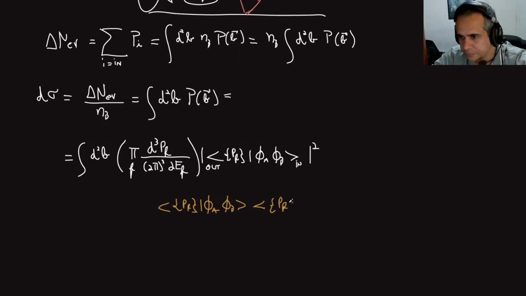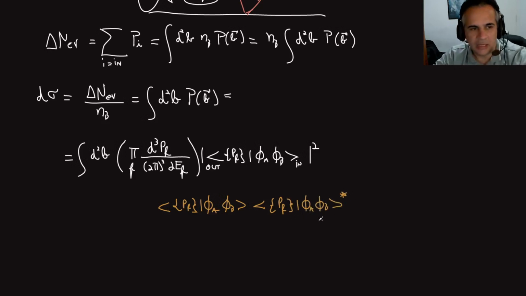P_F, phi A, phi B star, right? And I'll write this state phi A, phi B in the way I defined before, right?